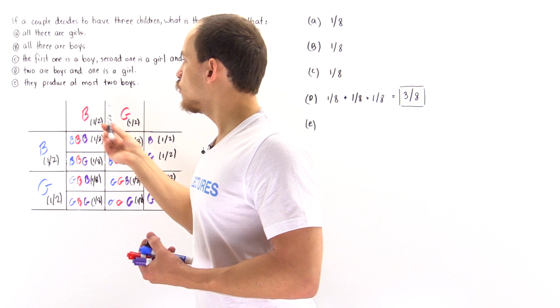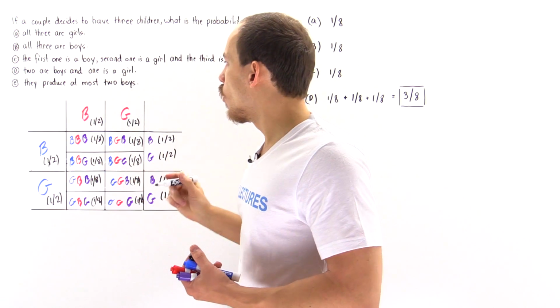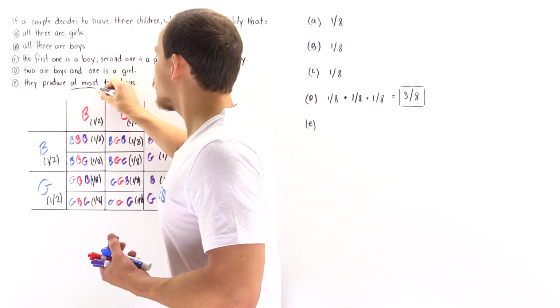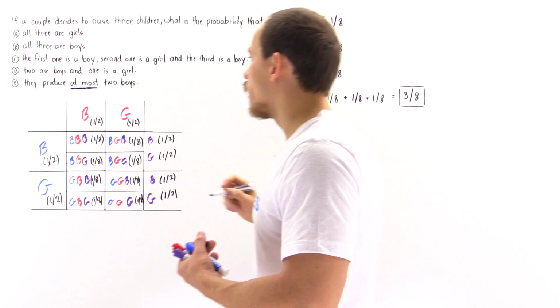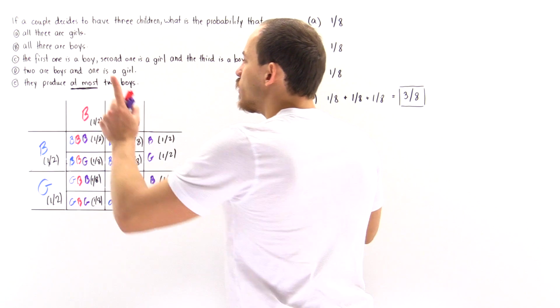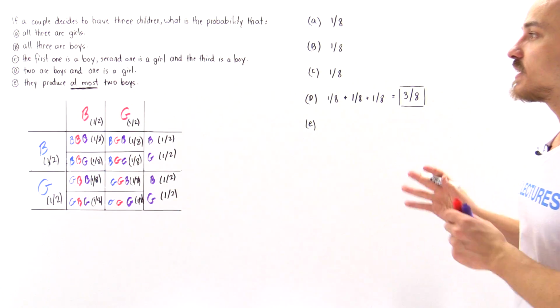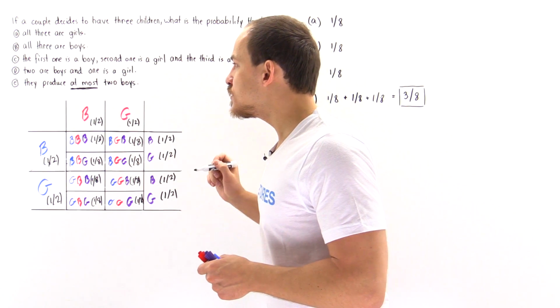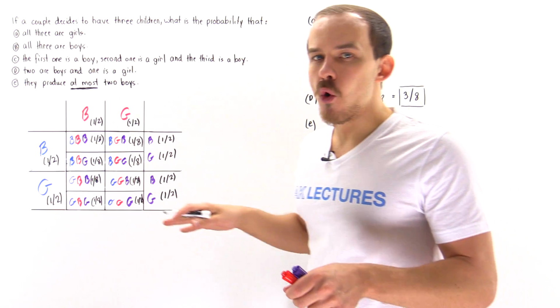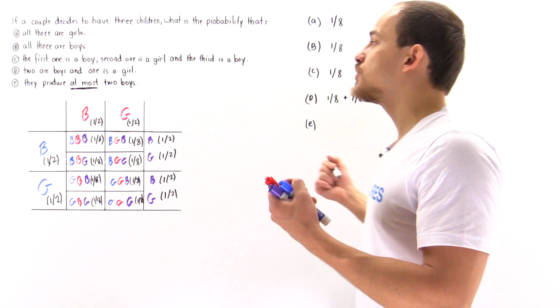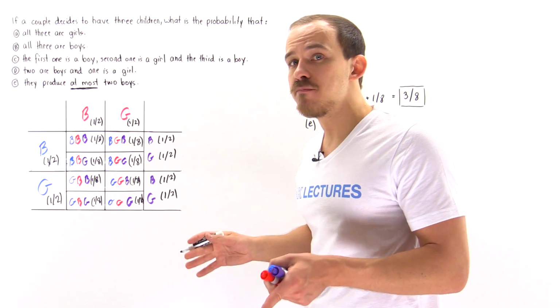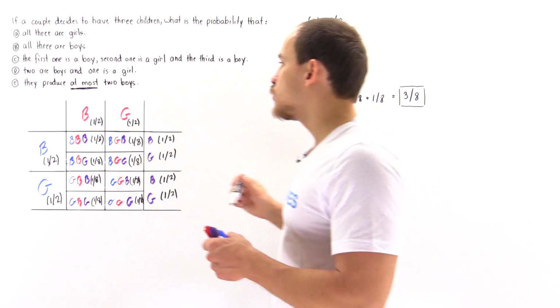They produce at most 2 boys. And this is basically the key word. So what exactly do we mean by at most 2 boys? Well, what this means is we actually have to look at 3 different cases. At most means we can have no boys, or we can have 1 boy, or we can have 2 boys, but we cannot have 3 boys because we want at most 2 boys.